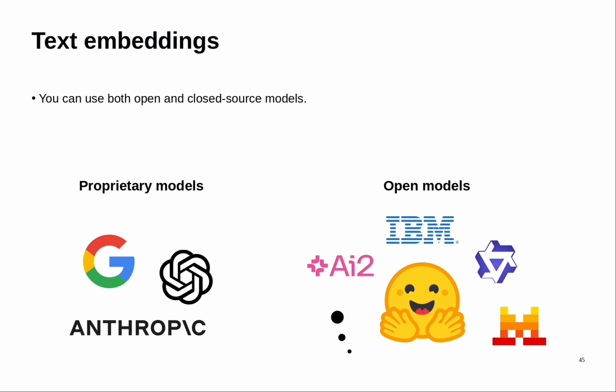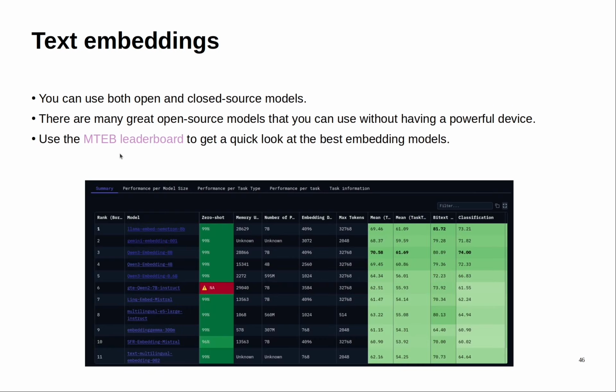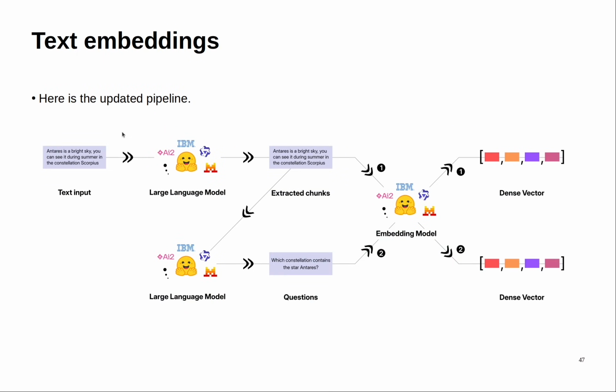But the Qwen3 model is a big one, so you will need a GPU in order to run it. Even if you go with closed source models, they are very cheap. I mentioned this at the beginning of the course, but you can use the MTEB leaderboard to find the best embedding models available.